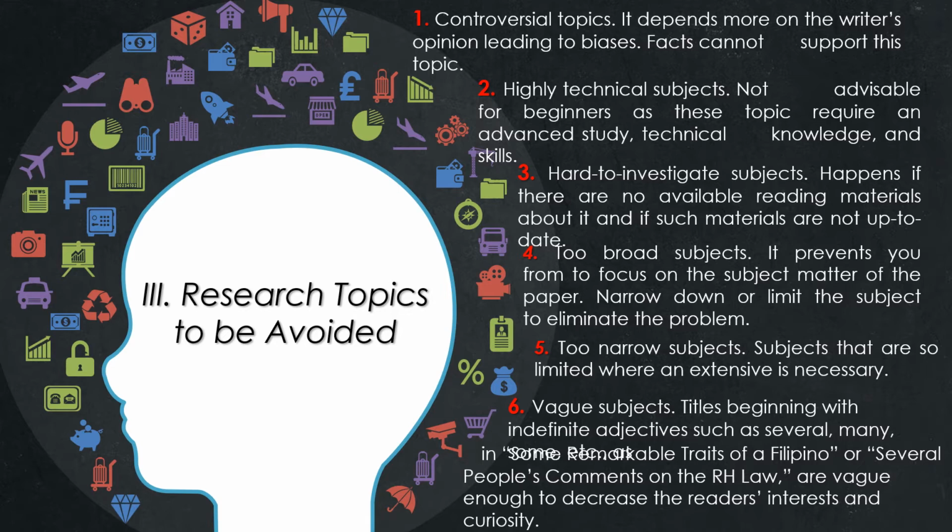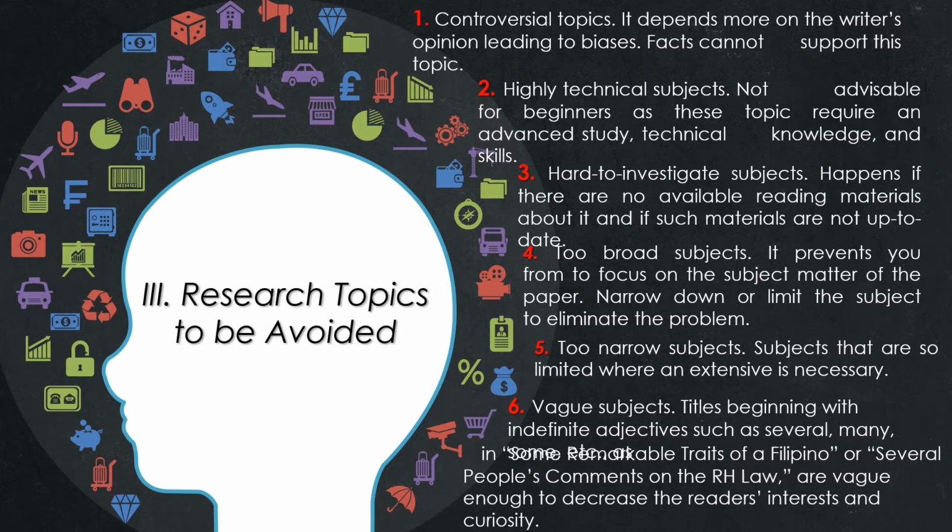Number three, hard to investigate subjects. This happens if there are no available reading materials about it and if such materials are not up to date. Number four, too broad subjects. It prevents you from focusing on the subject matter of the paper, so narrow down or limit the subject to eliminate the problem. Number five, too narrow subjects.